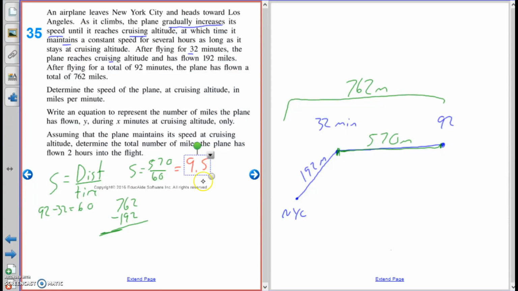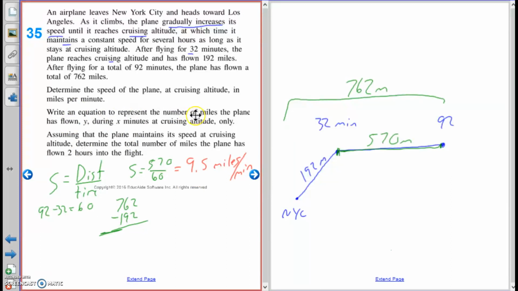It never asks for units, these tests, but what we're talking about is miles and minutes, right? So 9.5 miles per minute. So every minute it flies 9.5 miles. So that's the answer to this first part right here.